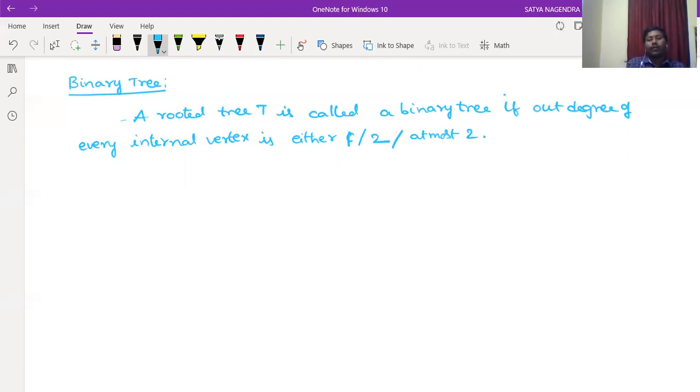So the out degree of every internal vertex is either 1 or 2, at most 2. Okay, then it is called a binary tree.